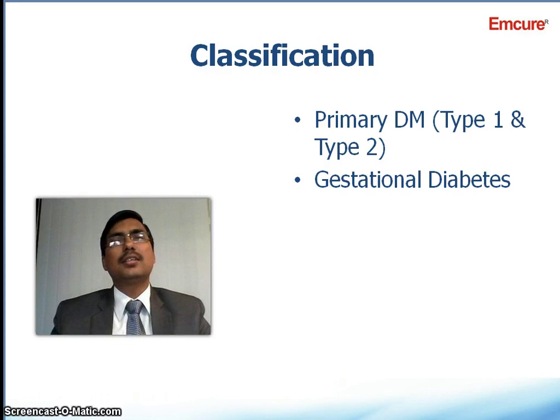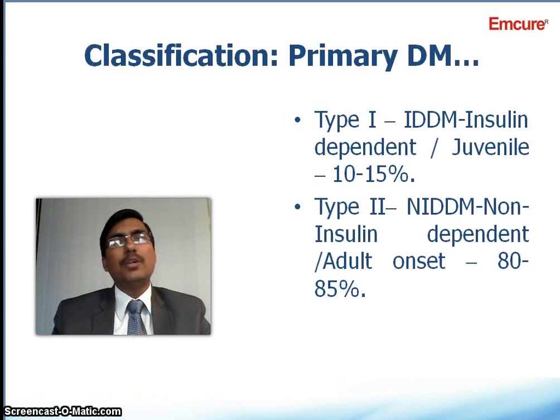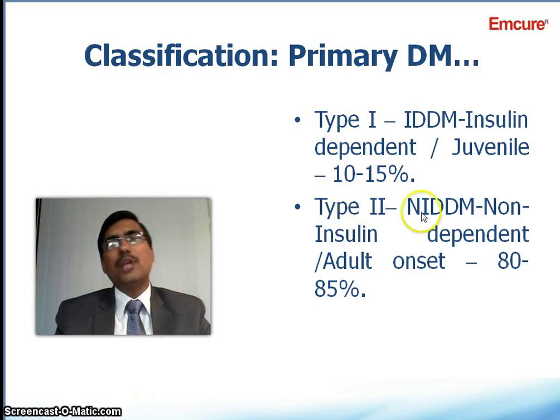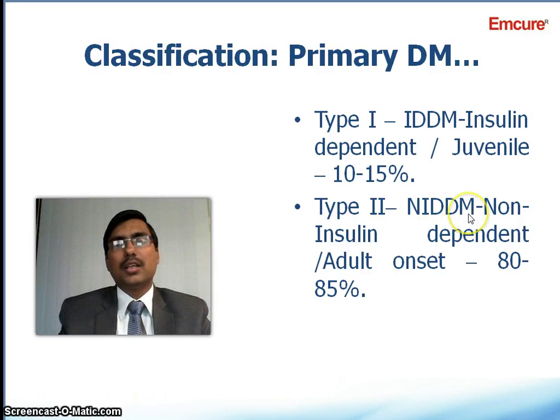Type 1 diabetes is also known as insulin dependent diabetes mellitus, and 10 to 15% of the cases are type 1 diabetes. Type 2 diabetes is also known as non-insulin dependent diabetes mellitus, and 80 to 85% of the cases are type 2 diabetes.